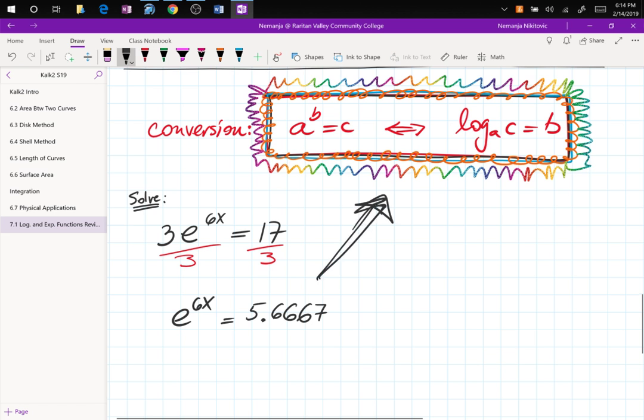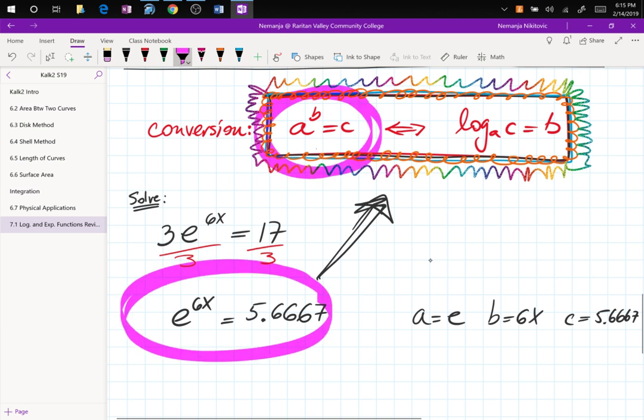You can use this formula here to convert, because you have now that a is e, b is 6x, and c is 5.6667. That's what you have. If you compare apples to apples, once you have a designation for your A, B, and C, you can compile the other side, which is the log side, using those A, B, and C.